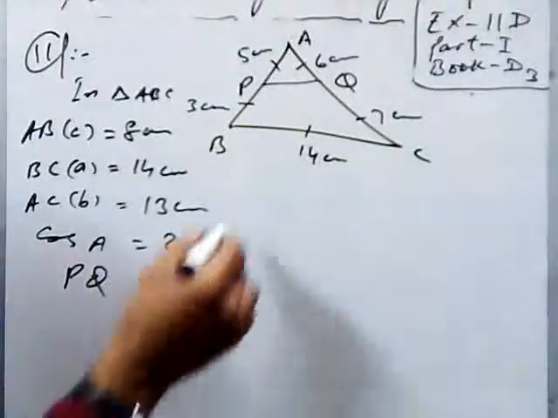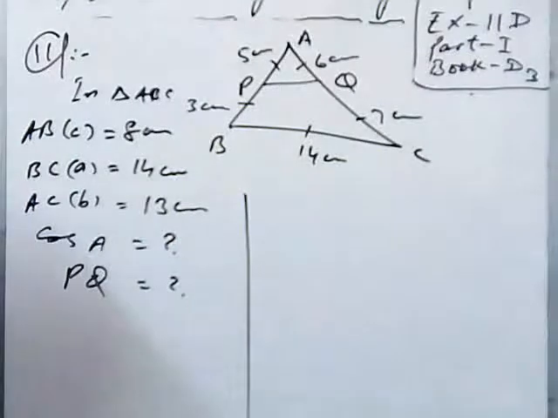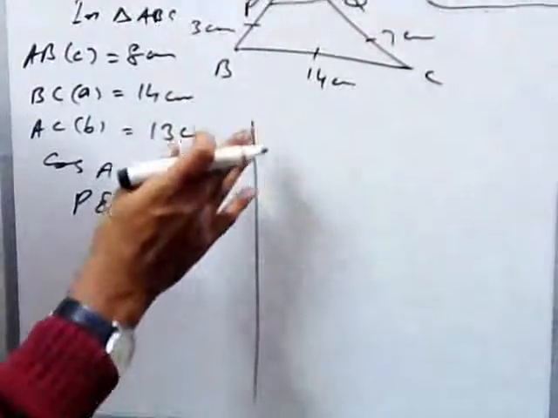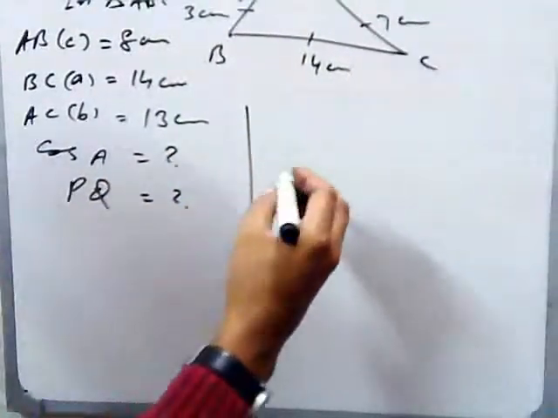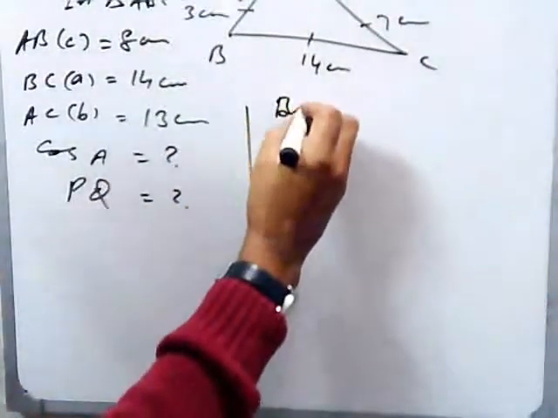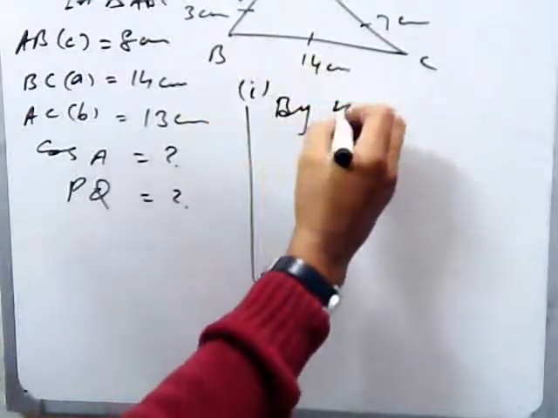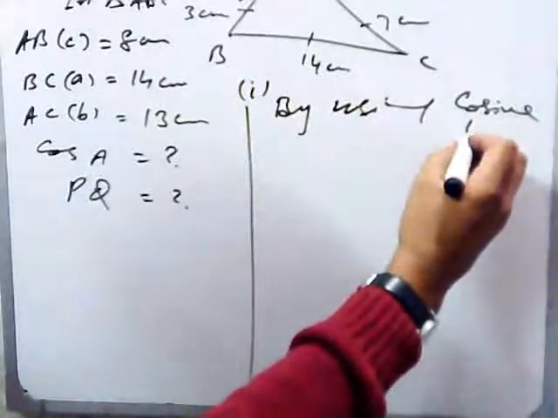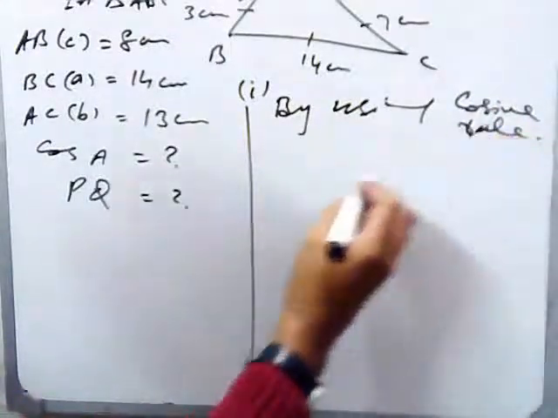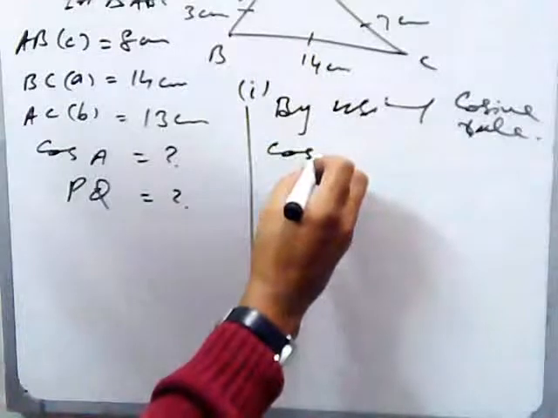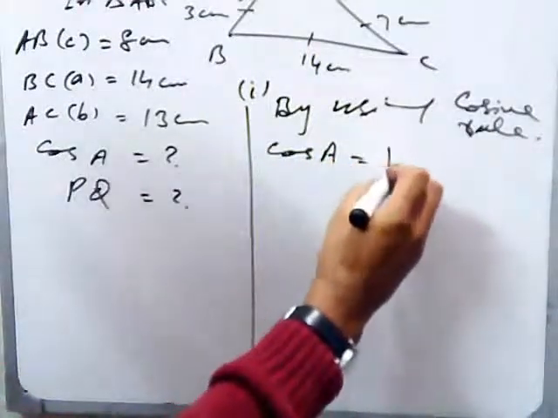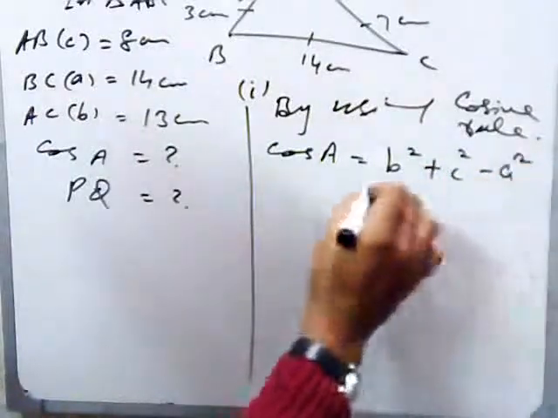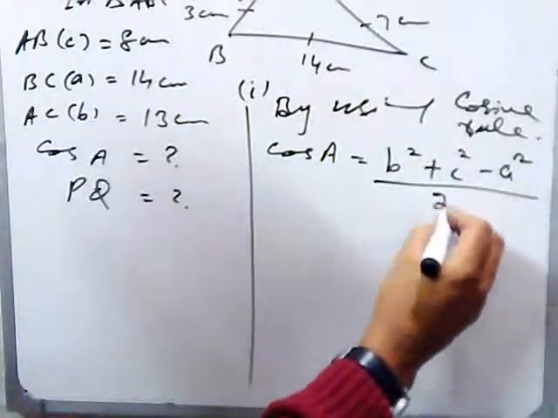By using the cosine formula in part number 1, cosine rule. What is the cosine rule? That is cos A is equal to B squared plus C squared minus A squared divided by 2BC.